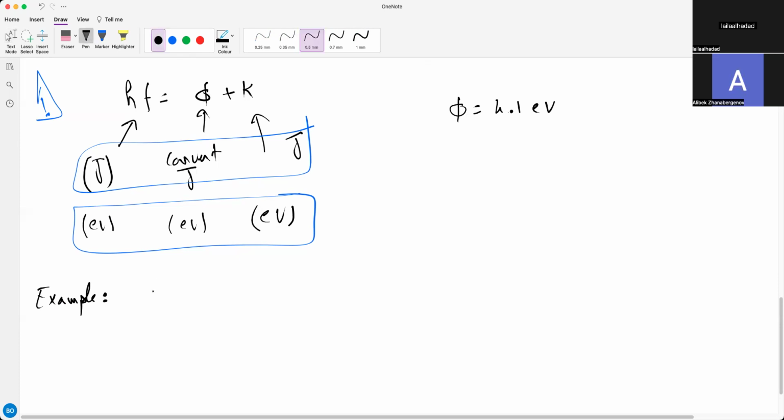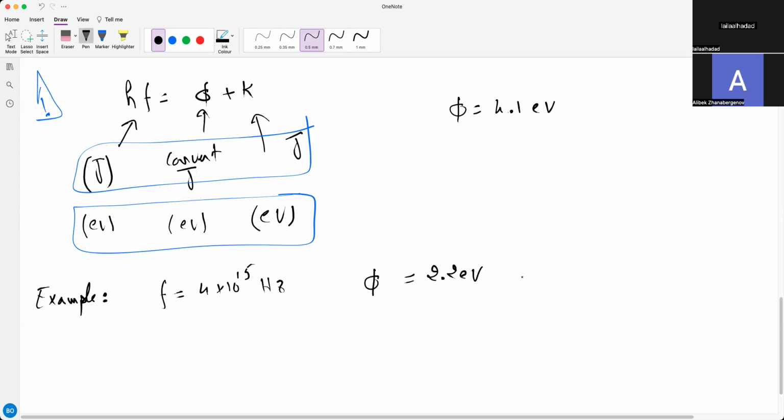Let's say I have a light with the frequency of 4 times 10 to the power of 15 hertz, and I will assume that I have a metal that has a work function of 2.2 electron volt.